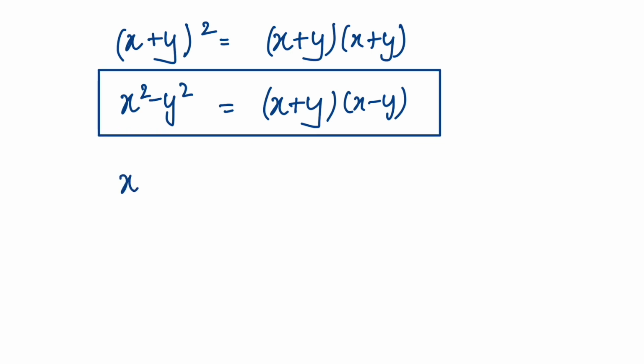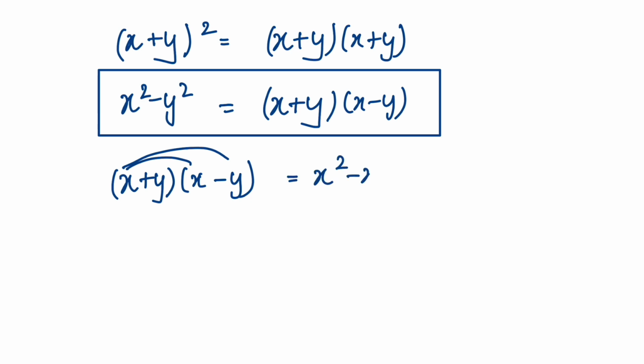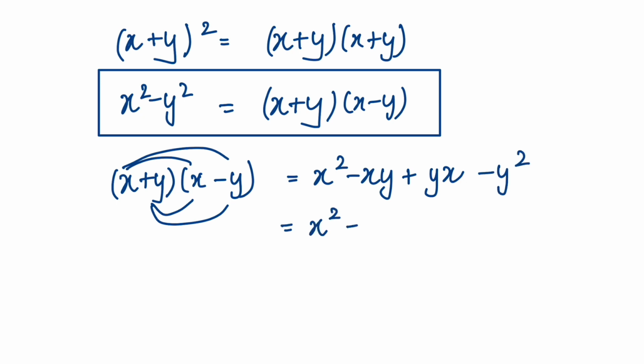Okay then, so x plus y into x minus y. Again the same multiplication that we already did. So it's x squared minus xy, and here comes the interesting part, plus yx minus y squared. Okay, now while rewriting this, you will know that this is xy and this also is xy.